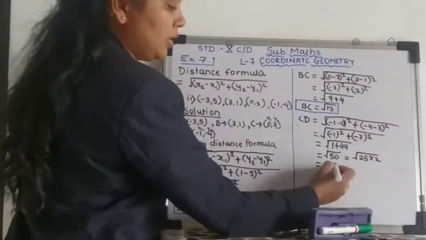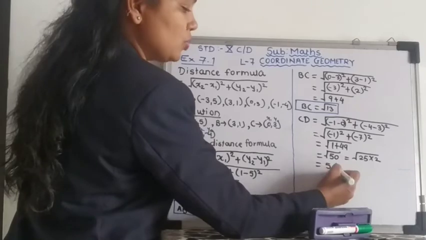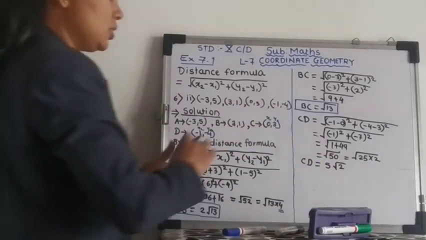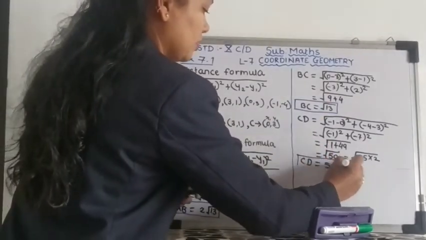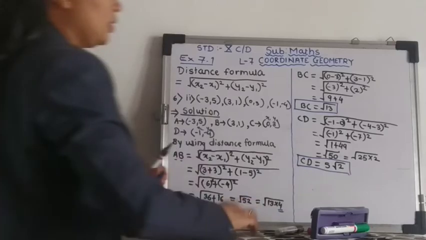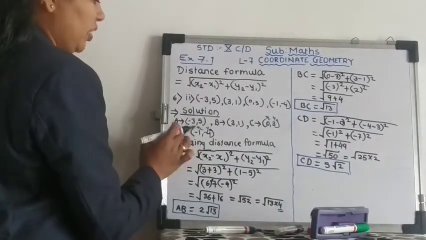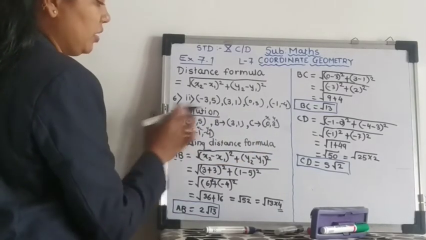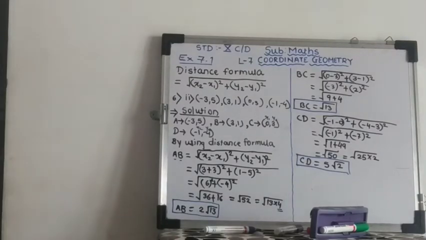So we write 5 outside the root sign and under root 2. So this is our CD. Now CD is found. Now we will find AD or DA, and then we will find BD. One by one we are making pairs and finding them.